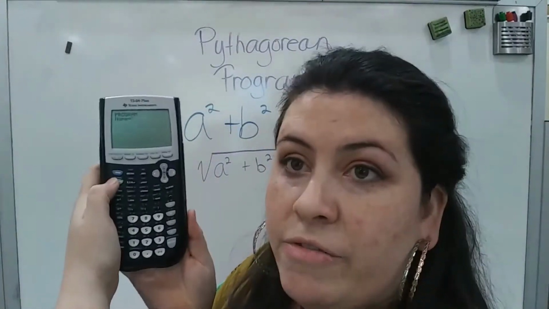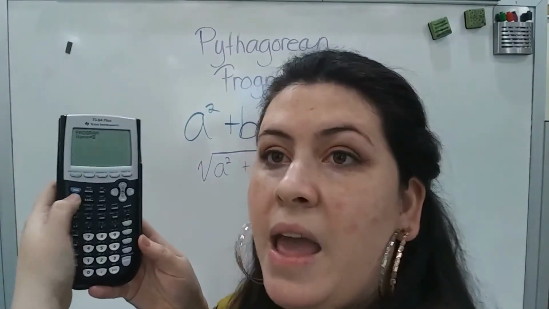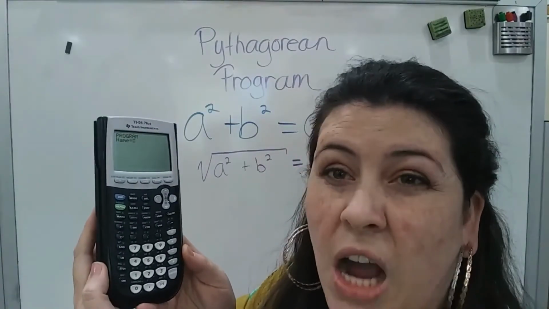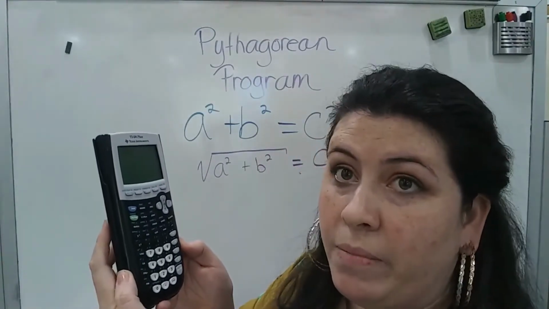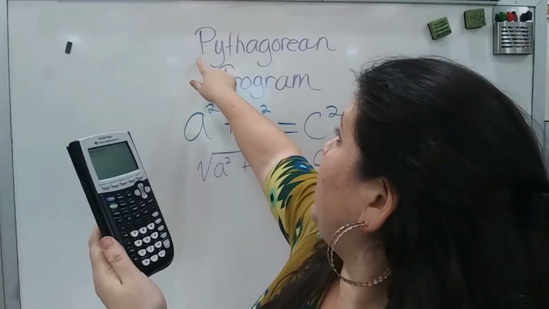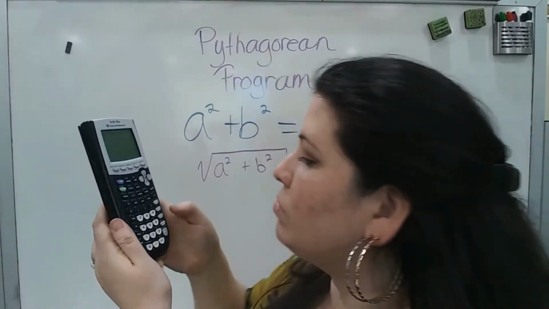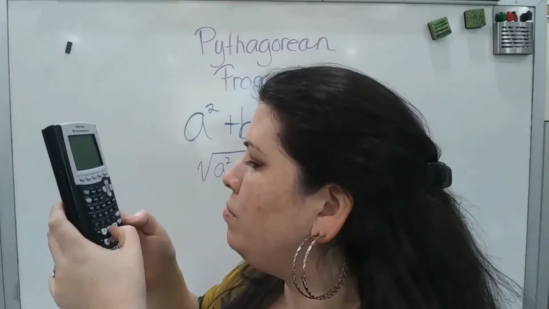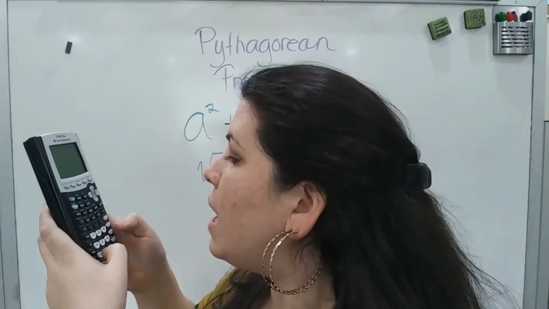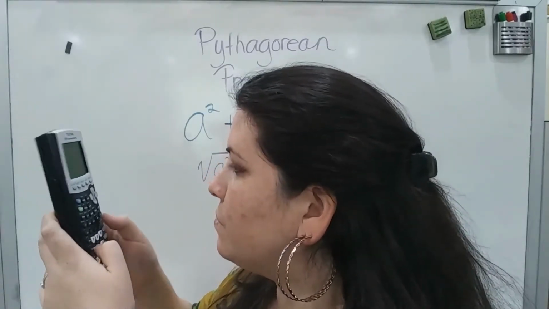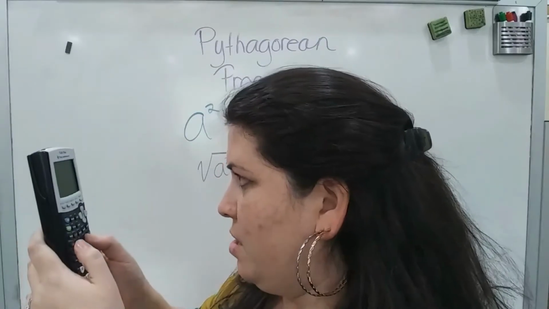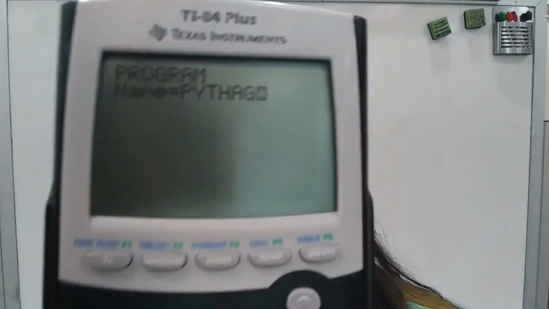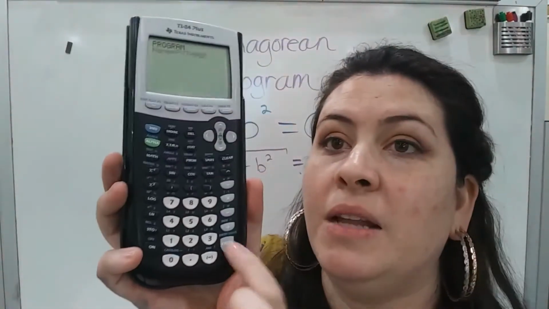Using our alpha key, second alpha gives it the alpha lock. So we're going to type our program. I'm going to name mine Pythag. Here we go. P-Y-T-H-A-G. Pythag. And I'm going to hit enter.